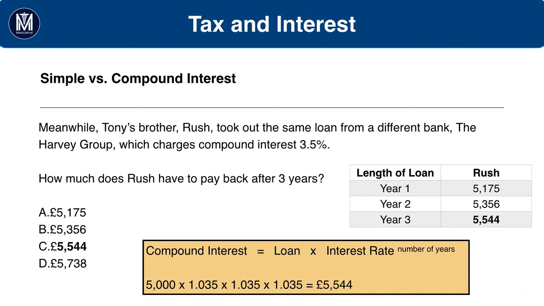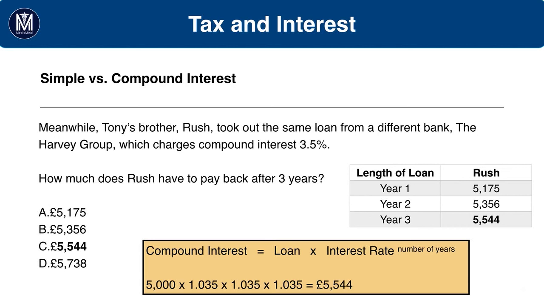Therefore, rather than doing 1.035 times 5,000 and writing down the year 1 value, and then doing 5175 times 1.035, writing down the value, and then doing 5356 times 1.035 and getting 5,544, we would rather do 5,000 times 1.035 equals, and keep the number in your calculator and then just press times 1.035 equals, and then times 1.035 equals.